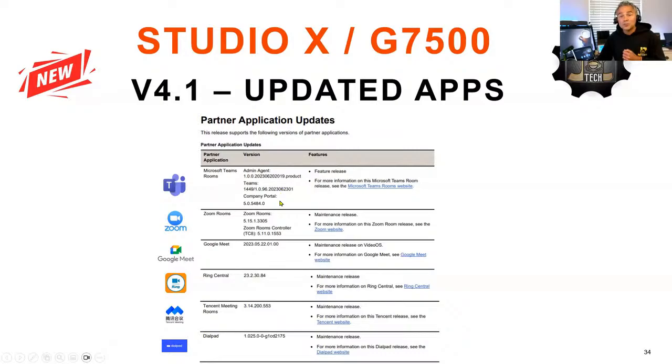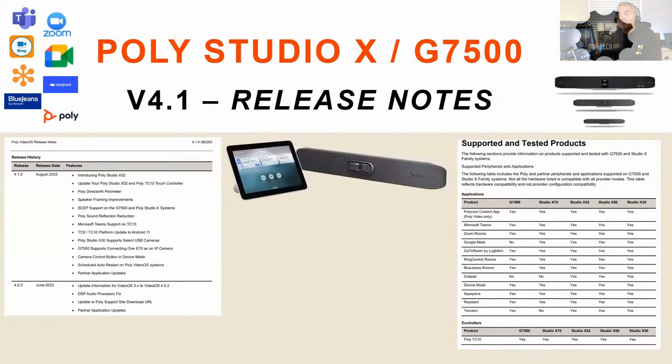You can also find the software versions, so you can check if you are on the right versions after you've upgraded to that 4.1 release. Oh, one pointer maybe to the release notes. Here you can always find a list of all those different new features, the different functionality, and tested products. So for the different hardware devices, which applications are supported, etc.